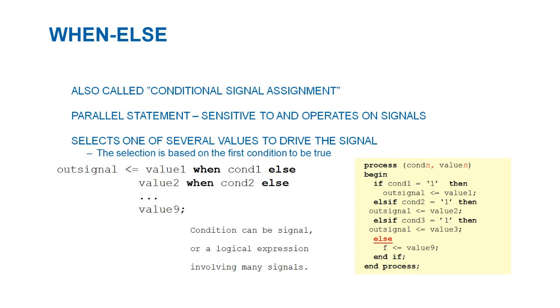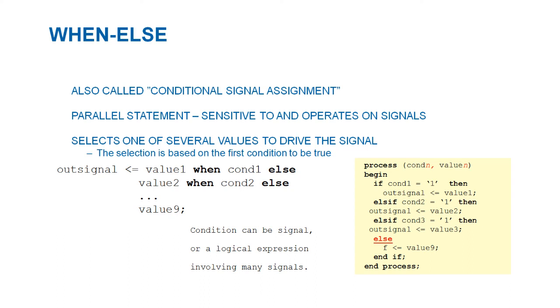So here we have a possibility to assign signal of value 1 to the out signal when condition 1 is satisfied. So at the beginning, condition 1, condition 2, up to condition 9 will be evaluated, and whichever one evaluates to true will be used to determine the signal that will be assigned to the out signal.